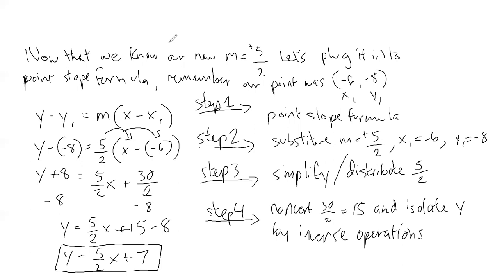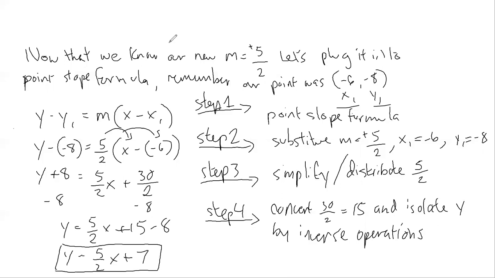Now that we know that our new m is +5/2, let's plug it into point slope formula. And remember, our point is -6 and -8. It has to cross that. So that's gonna be our x1 and our y1, okay? Now we're gonna do the same steps we did last time with just a small, tiny twist, right? So we're gonna start with the point slope formula.